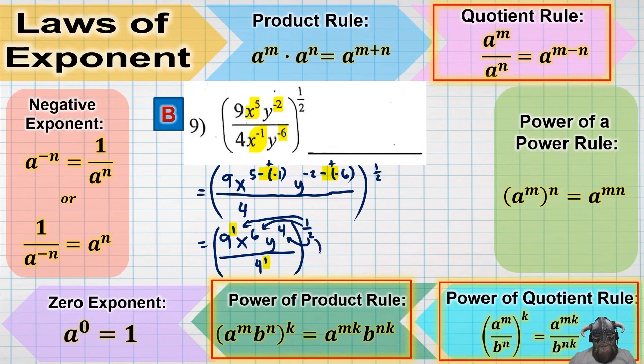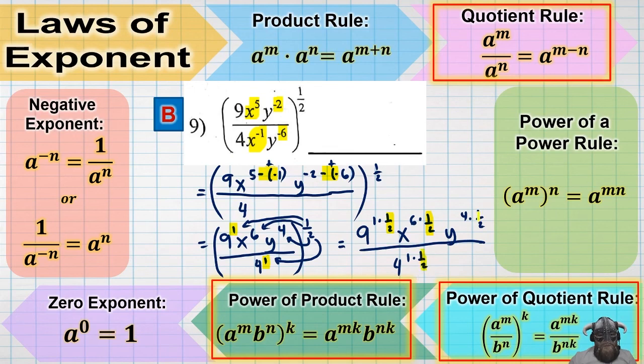At the same time, i-multiply din natin siya or distribute natin siya doon sa exponent ni 4. So, in this case, ito yung magiging solution natin. 9 raised to 1 times 1/2 times x raised to 6 times 1/2 y raised to 4 times 1/2 all over 4 raised to 1 times 1/2. Yan. Kung napansin nyo, na-distribute natin si 1/2.